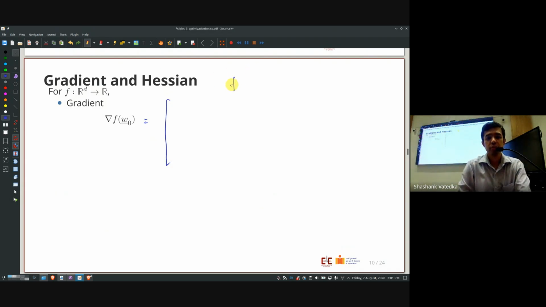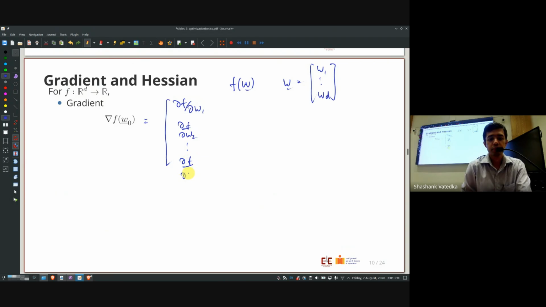So if I have f of w, where w is a vector w1 up to wd, then this gradient is simply ∂f/∂w1, ∂f/∂w2, up to ∂f/∂wd. And note that each of these is a function in itself.